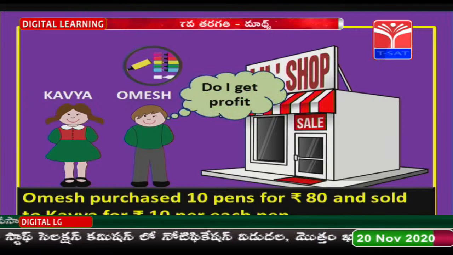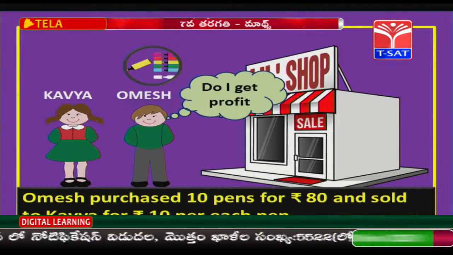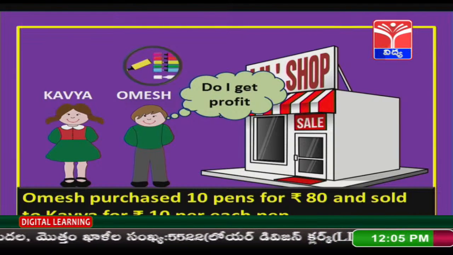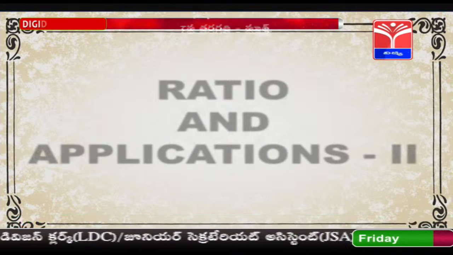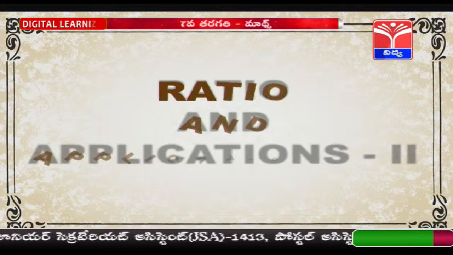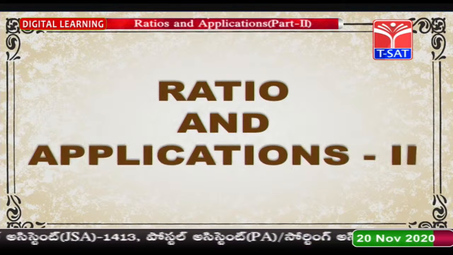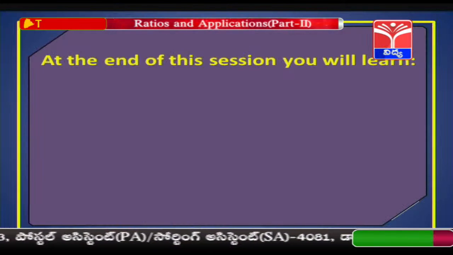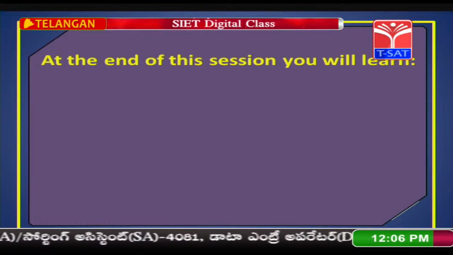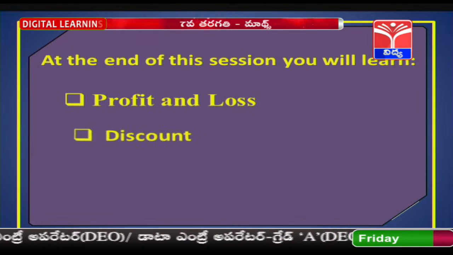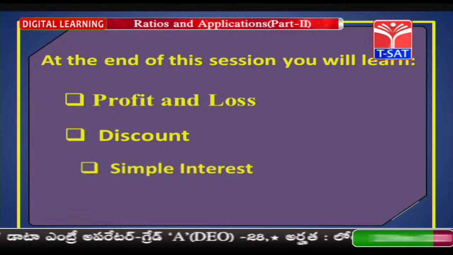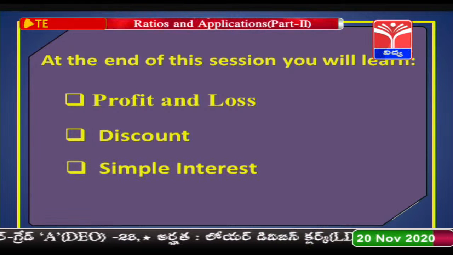Now, what do you think, children, whether Umesh gets profit or loss? Let us see. So, to know this, we are going to learn these concepts in our topic ratio and applications. So, at the end of this session, you will learn profit and loss, discount and simple interest.